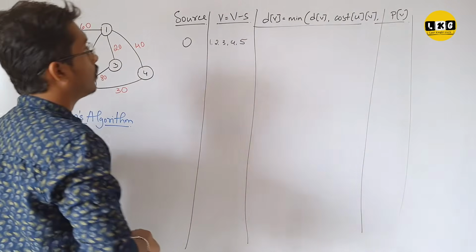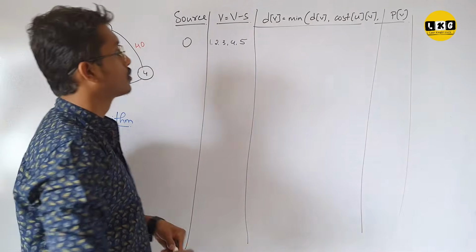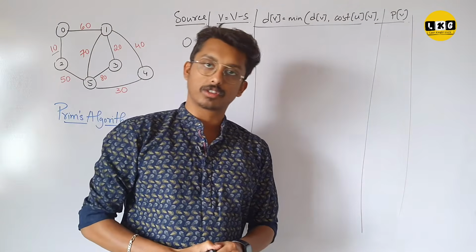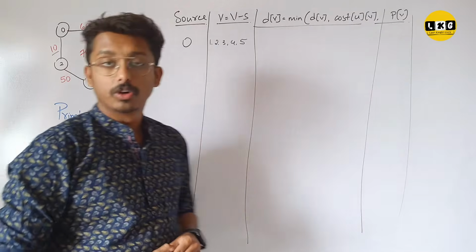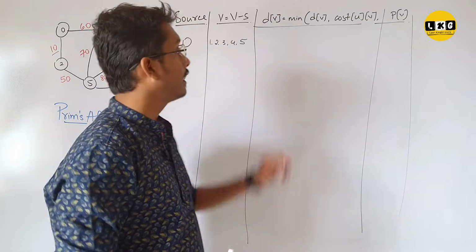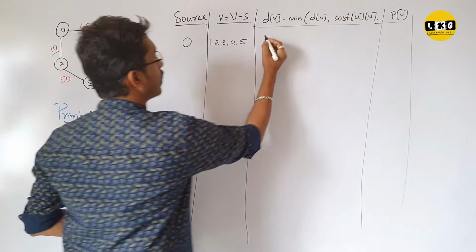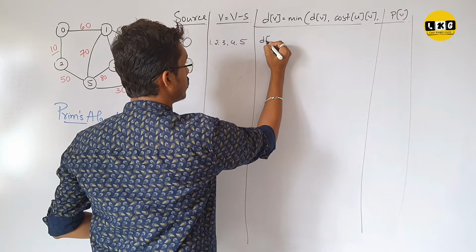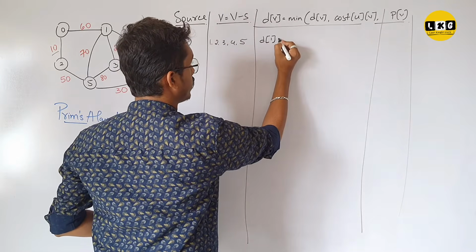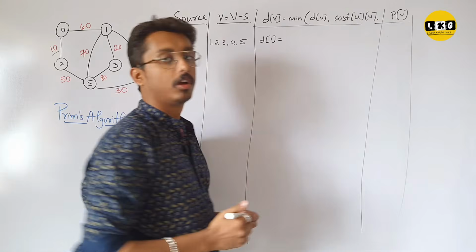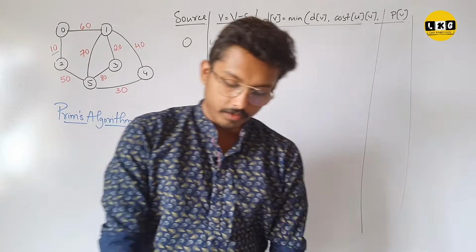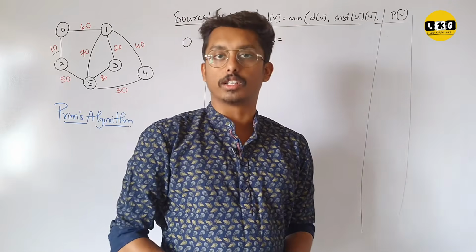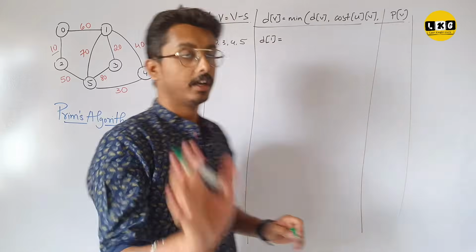Now, D of V = minimum of D of V, comma, cost of U to V. That is our formula. First we need to find the cost D of 1. Before that, we need to allocate some cost to these nodes.